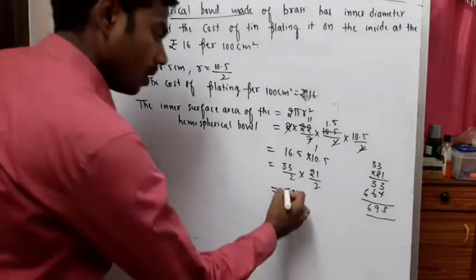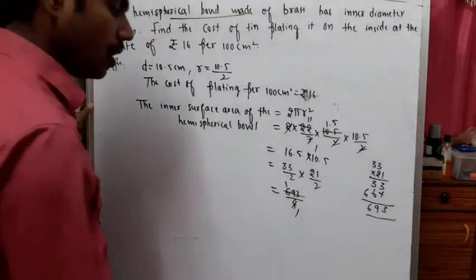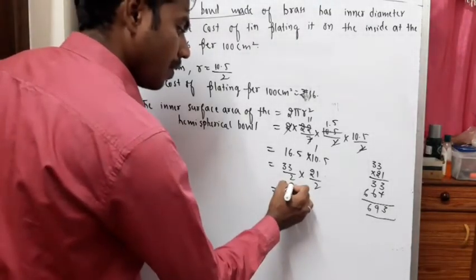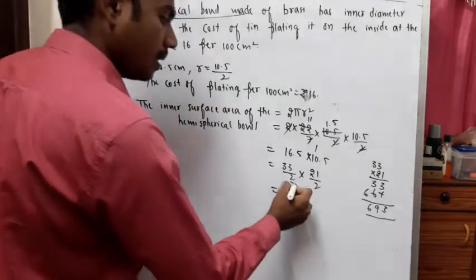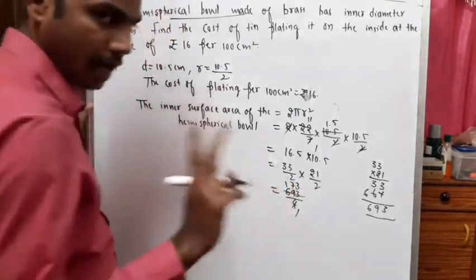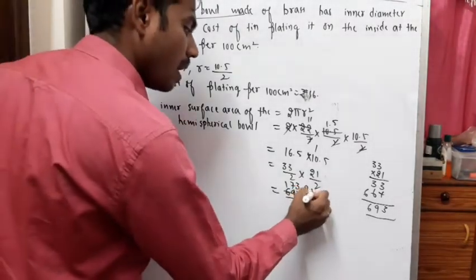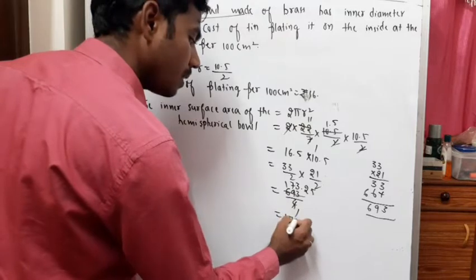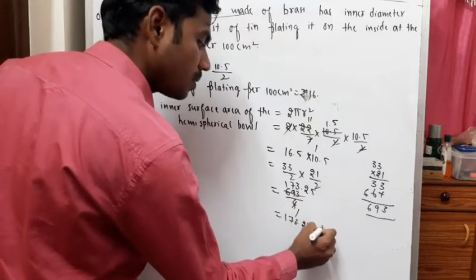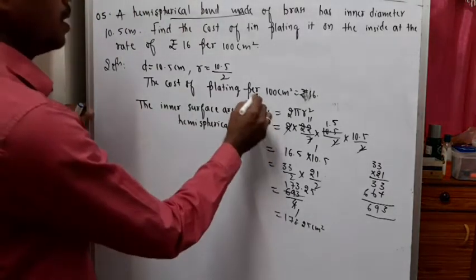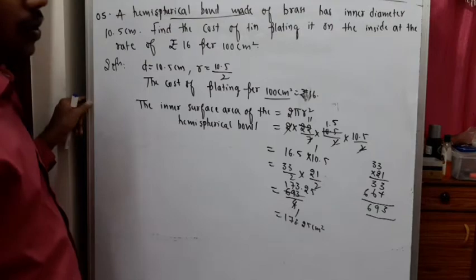What left? 2 left. 29 is nothing but 4 7s are 28. 1 left. 13 is nothing but 4 3s are 12. 1 left. 10 is nothing but 4 2s are 8. 4 5s are 20. That is 173.25 centimeter square. But the cost per coating 100 centimeter square is equal to rupees 16.